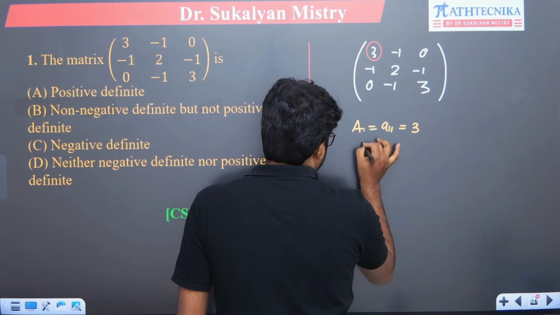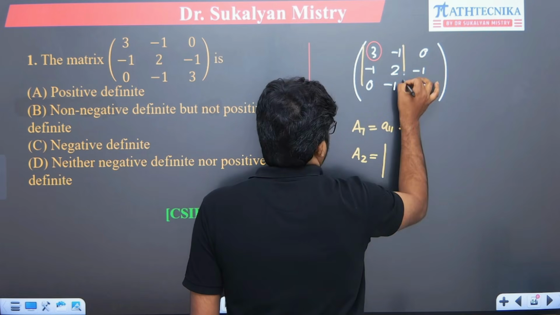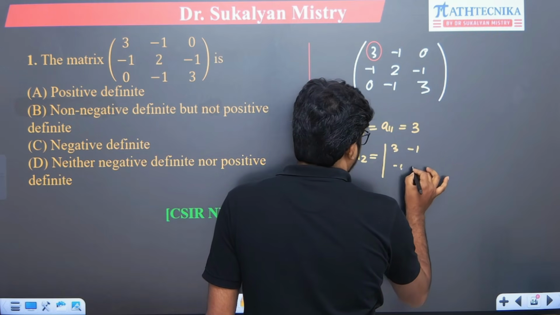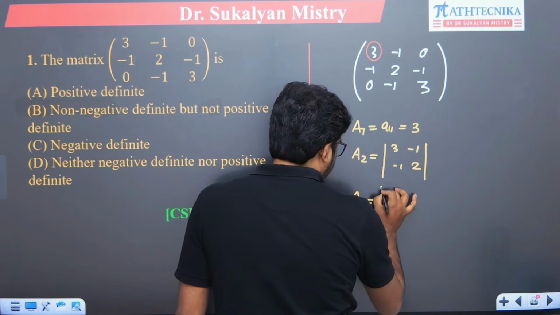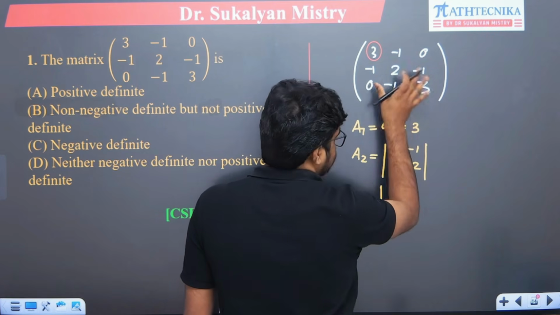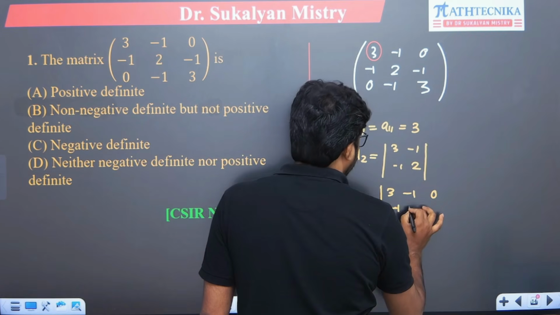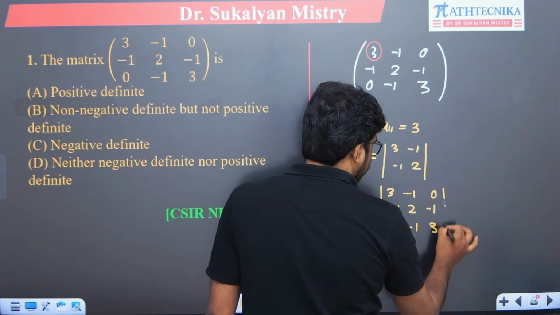Next, A2 means the determinant of 3, -1, -1, 2. And A3 is the determinant of the matrix 3, -1, 0, -1, 2, -1, 0, -1, 3.